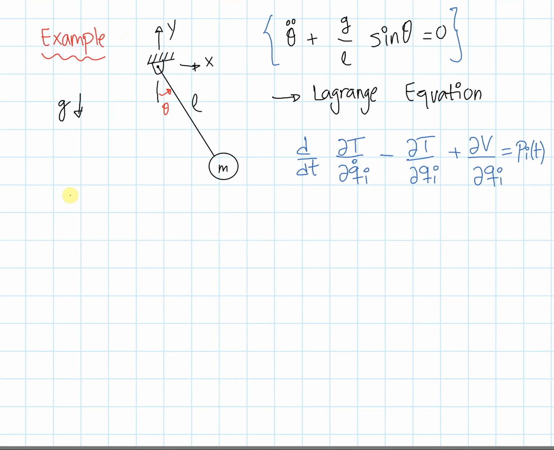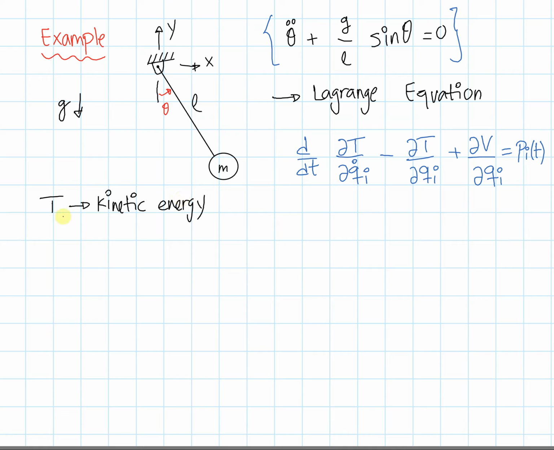This is an equation that deals with energy. So we have T, which is our kinetic energy. With kinetic energy, the easiest way to think about it is any object that has a velocity has kinetic energy. That's really what kinetic energy means.